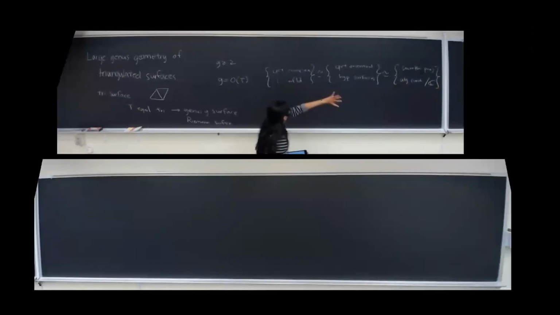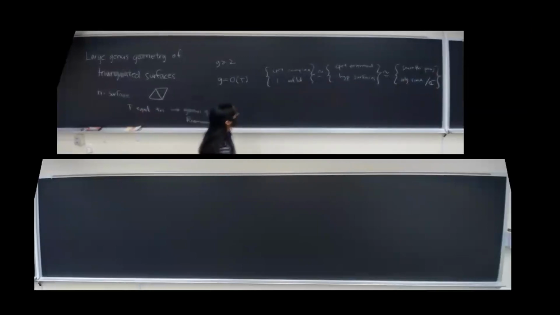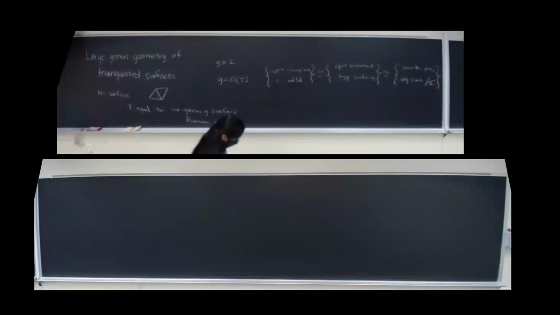And these are all equivalent. In particular, I define triangulated surfaces as being in here, but each one comes with a unique hyperbolic metric. And so for the rest of the talk, we'll speak of the unique conformal hyperbolic metric, the hyperbolic metric associated.